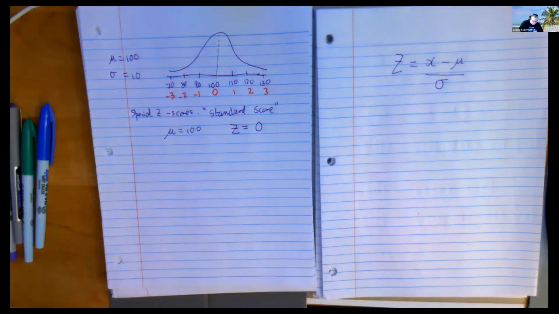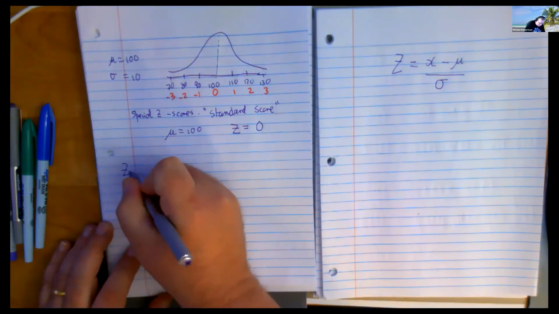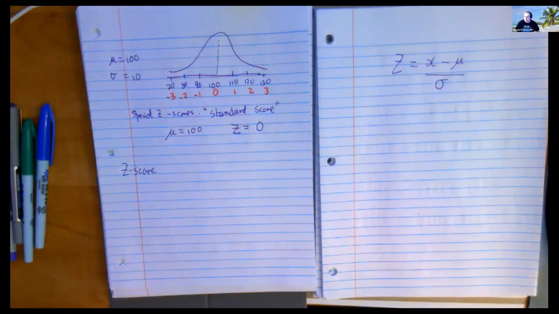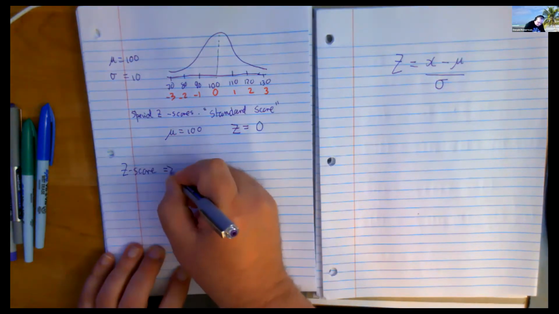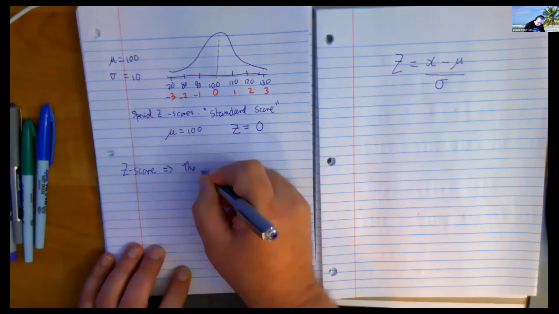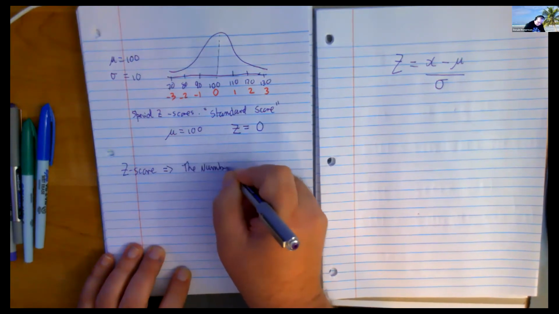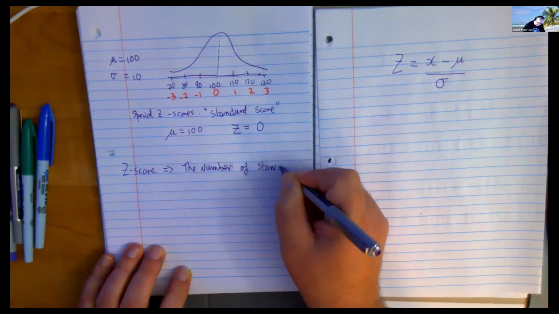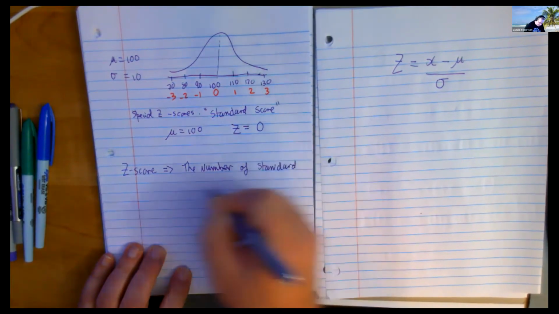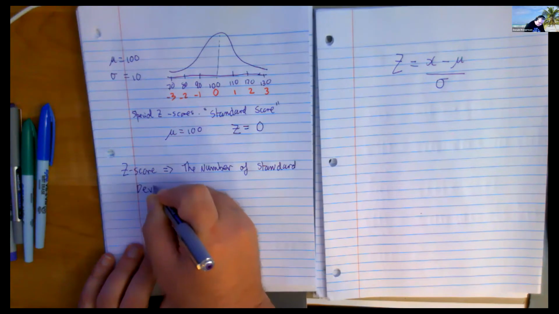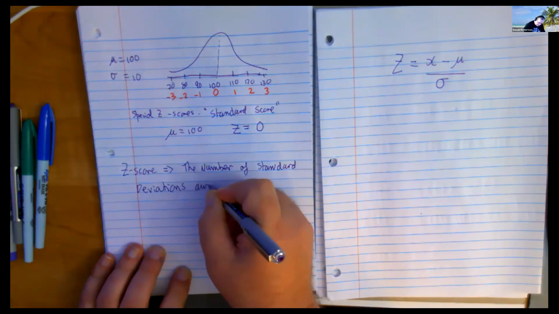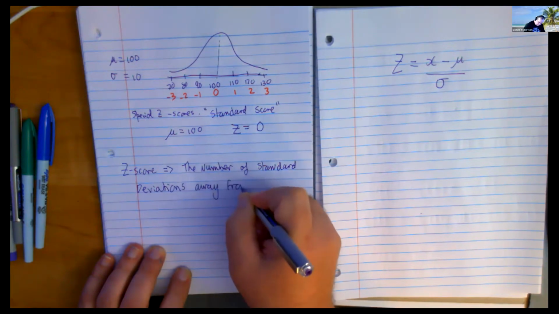So if you wanted to think of what a z-score is, you know, in English, when I get a z-score of 3 or 4 or 2.1 or any number, what is it? Well, one way of thinking of it is, it's the number of standard deviations away from the mean.